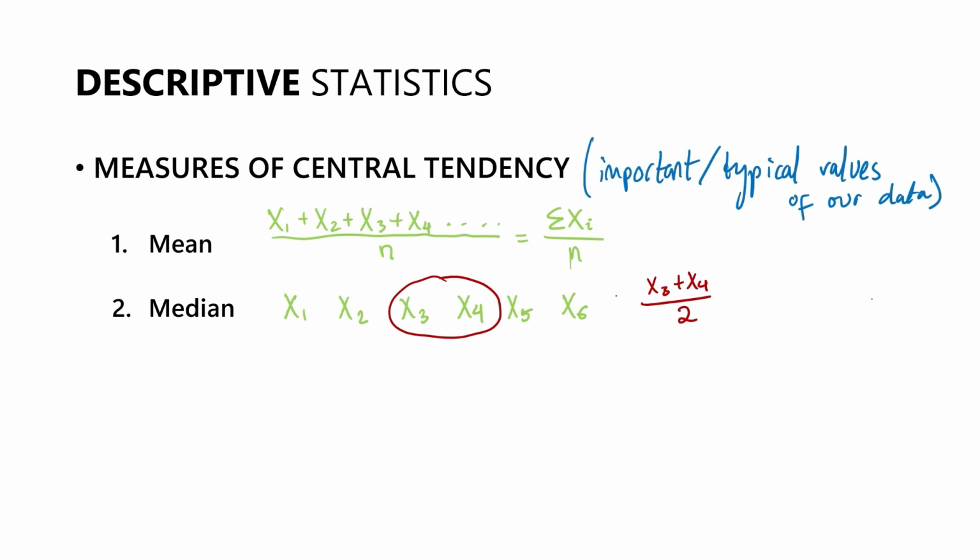Now in the case that you have, say, a large number of values where it's not so straightforward to see the median, there's actually a formula to know the position of the median number, which is the sample size plus 1, divided by 2.